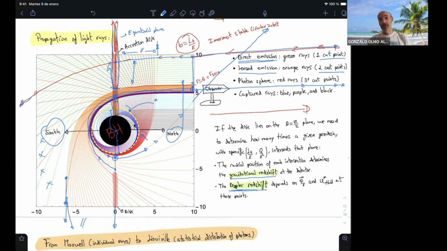Otherwise we lose that information. So if we want to make our model relatively realistic, within all the limitations and simplifications that we are imposing, at least the computation of the Doppler effect is something that we have to do. This is the second important element in our integration.